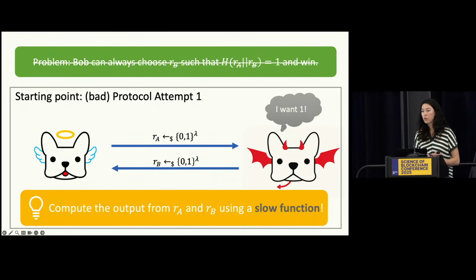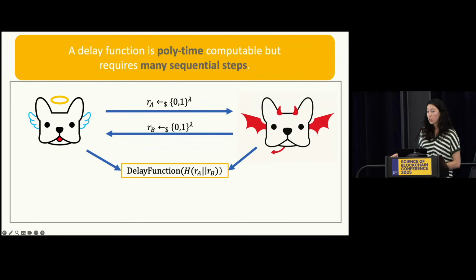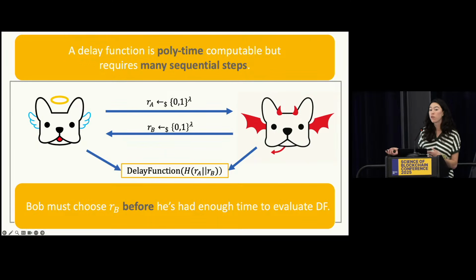And the insight behind Unicorn is instead of just applying a hash function to get the output, you could obtain the output using a function that's very slow to evaluate. And this is a delay function. So you can think of a delay function as something that's polynomial time computable. Everyone can eventually compute the output, but it requires many sequential steps. And so what this gets us is that Alice and Bob can eventually compute the output of the protocol by evaluating this function, but it's too slow for Bob to evaluate before sending his contribution.